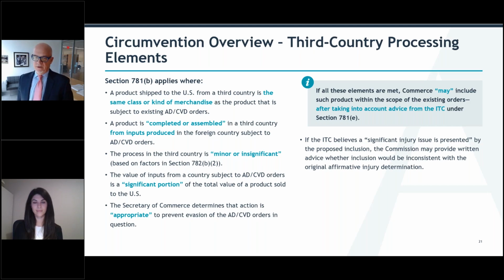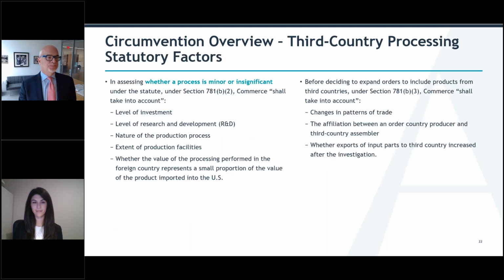These details are really important to watch, important to understand, important to hire counsel to help with, because how circumvention ends up being defined by the Commerce Department can vary from one case to the next fairly significantly, depending upon how the case is handled and how it's argued by the counsel. So, all right, let's move to the next slide.